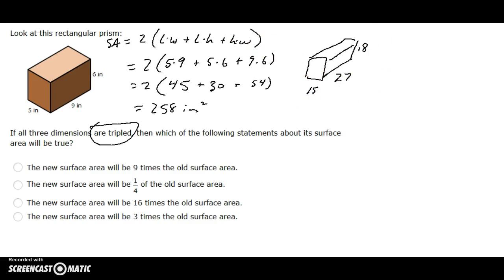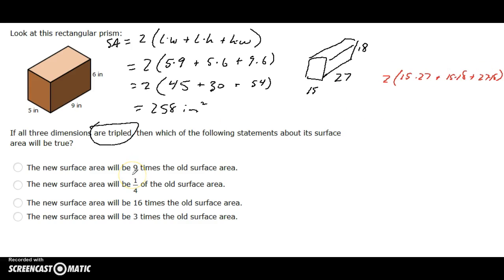So same concept. Surface area equals 2 times, I'm just going to take all the dimensions, 15 times 27 plus 15 times 18 plus 27 times 18.